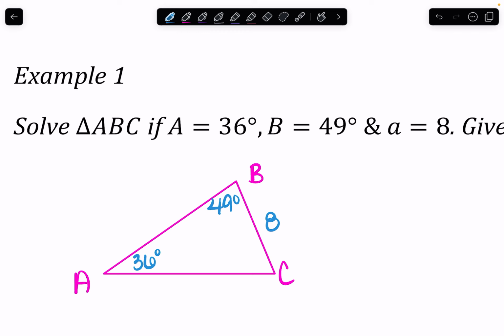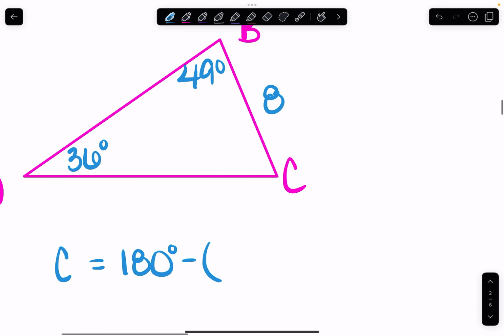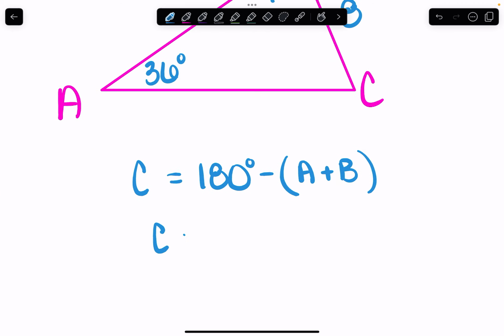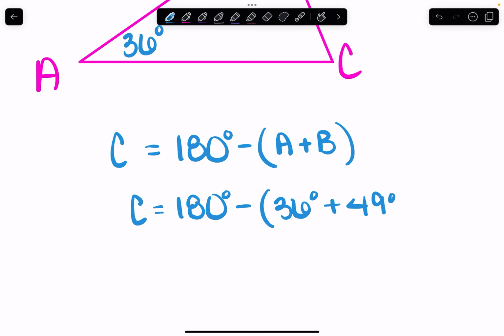If I'm looking at this triangle, I'm going to go ahead and find angle C first. The order you find them in will vary depending on what you're given. What you've got to remember about a triangle is the sum of the angles in a triangle is 180 degrees. So that means angle C is going to be 180 degrees minus the sum of the other two, A and B. So angle C is 180 minus A, given as 36, and B, given as 49.